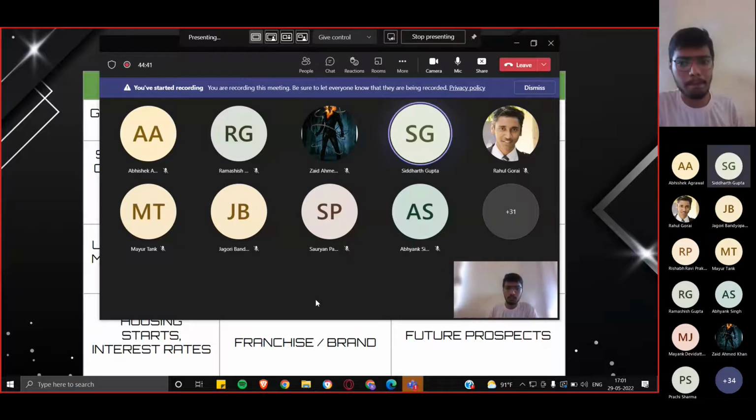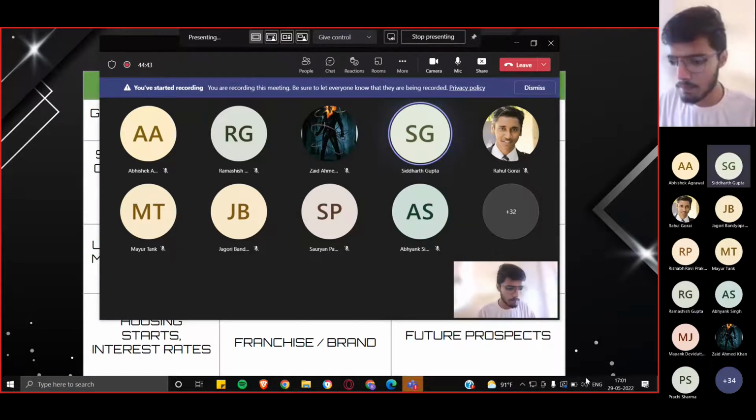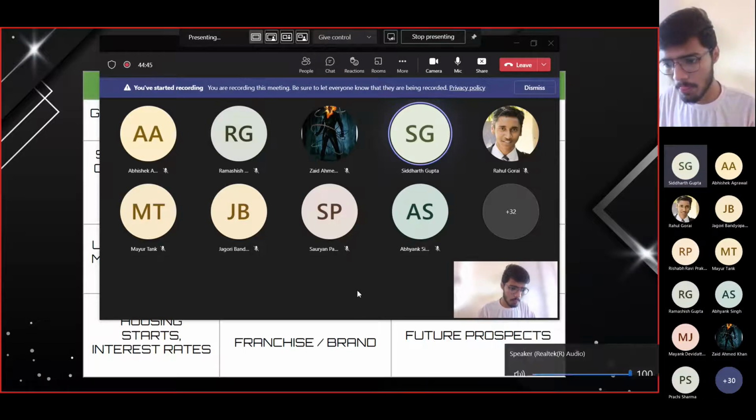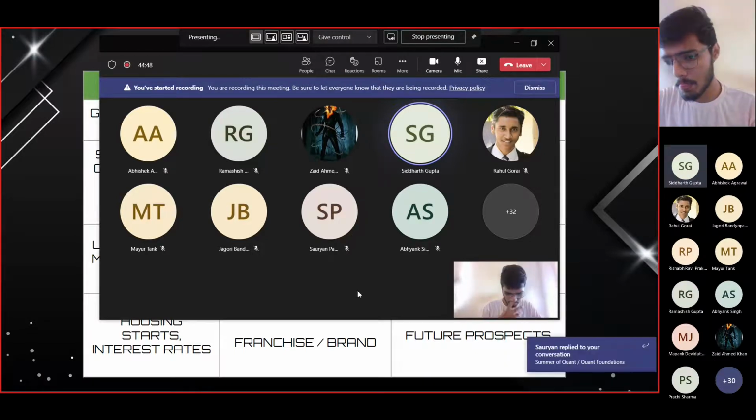The products that Russia and Ukraine would be exporting to the world, their demand would increase because there is a lack of those products in the market now.